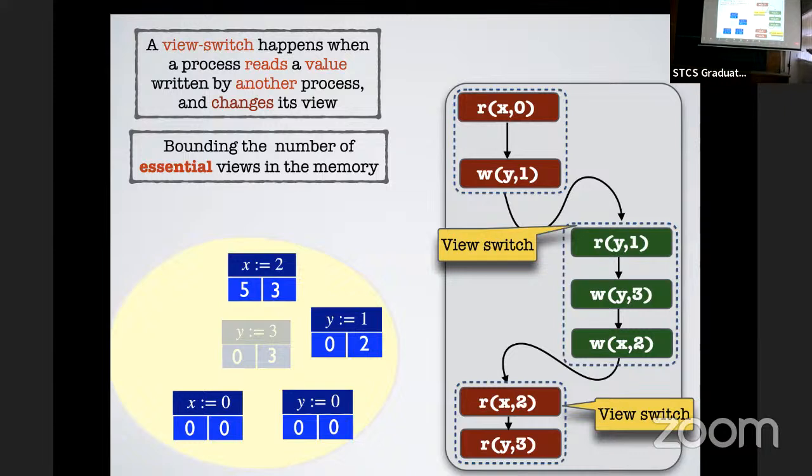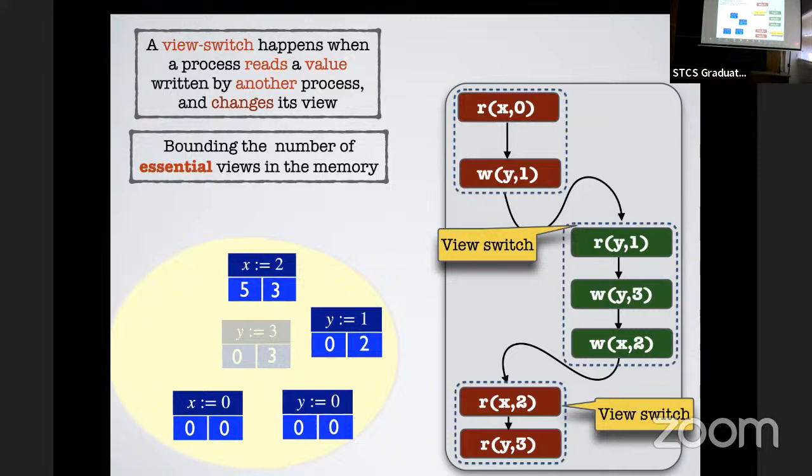But now I'm going to say keep only those views which actually result in a view switch. If I look at runs where the number of view switches is bounded by k, I'm basically making my memory pool finite. That's exactly what I'm doing. I'm saying do not consider those views which are not going to be essential for you. Keep exactly those views which are needed for a view switch.